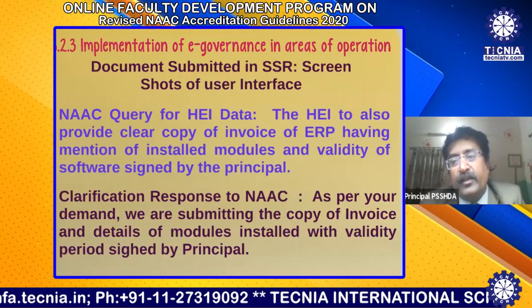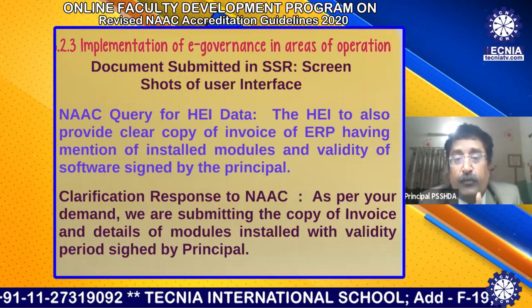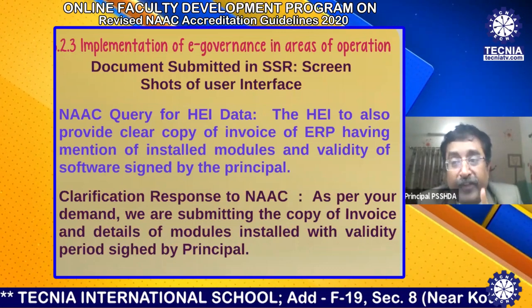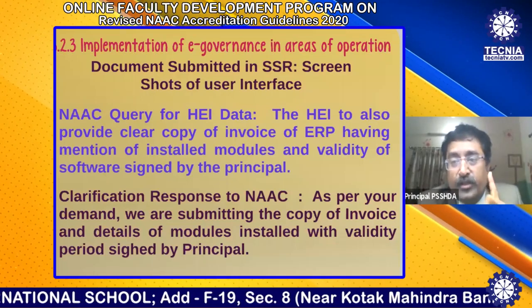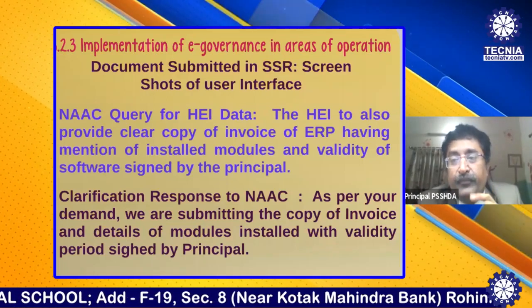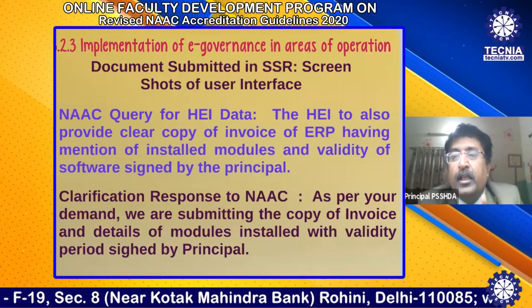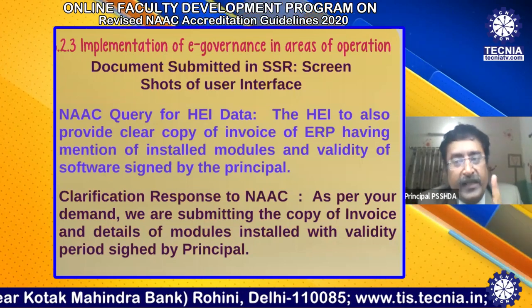So the important thing is that whenever DVV asks a query, if you fail to answer, clarify or justify your claim, and if such claims are more than 15%, your institute will be disqualified for assessment and accreditation.